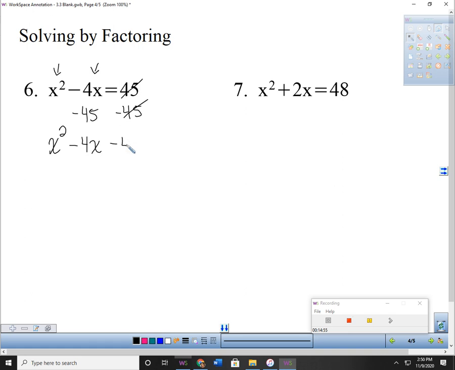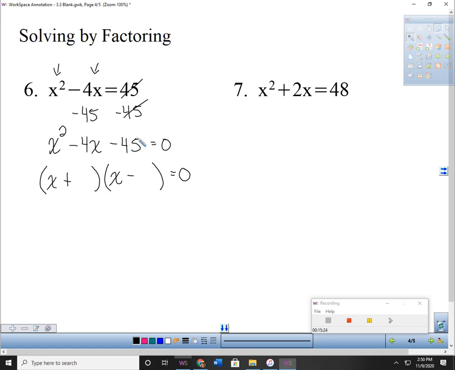And remember, you want this to be in order, so like don't stick your 45 in the middle because then it's not in order, right? And then when you see that trinomial, you're immediately going to factor it. So we kind of went over this in another lesson, right? The factoring for sure, but then the setting it equal to 0, we did a little bit of that. So I have a minus in the back, which means a plus and a minus, and then we've got our x's, right?